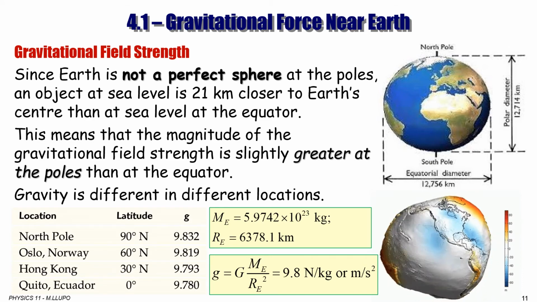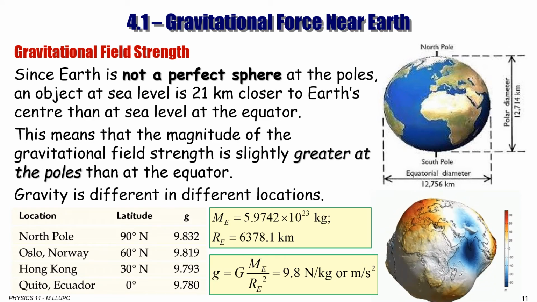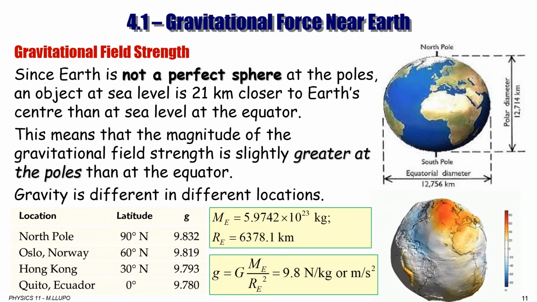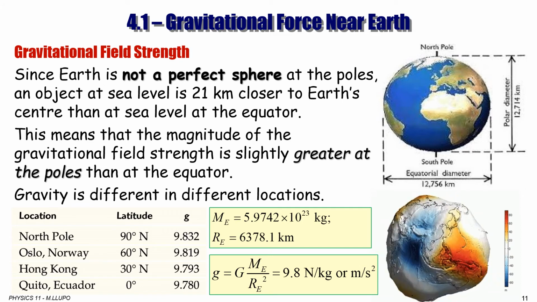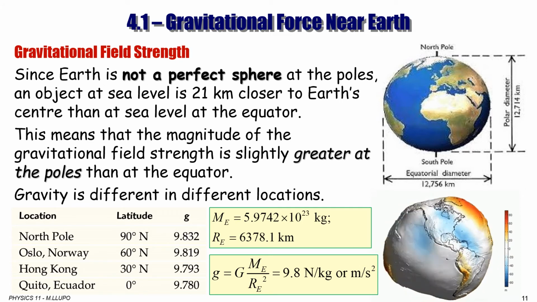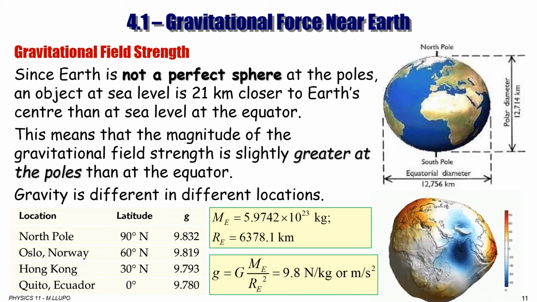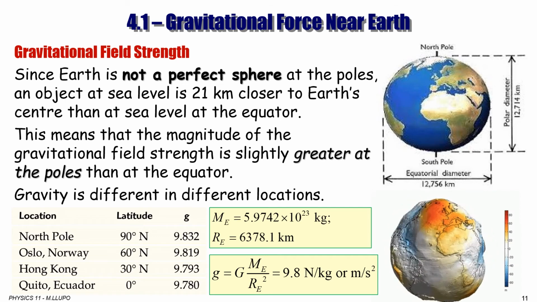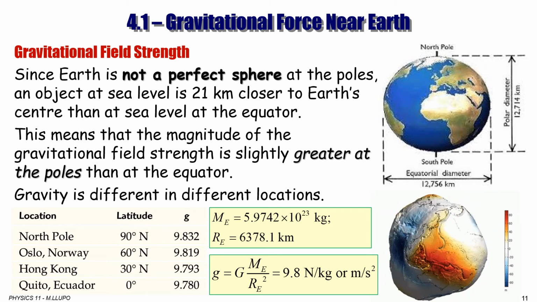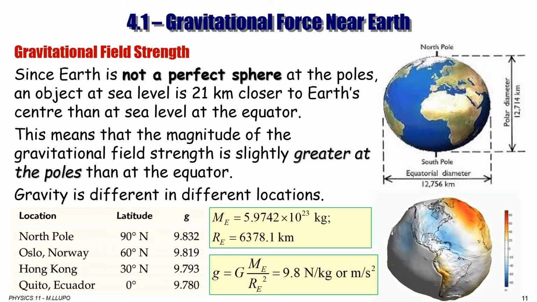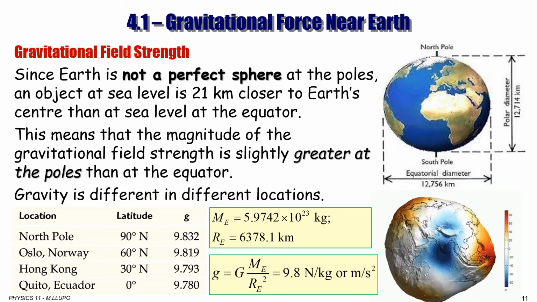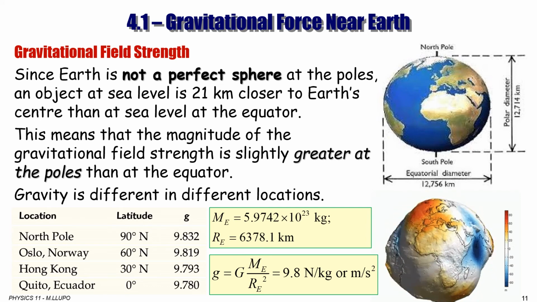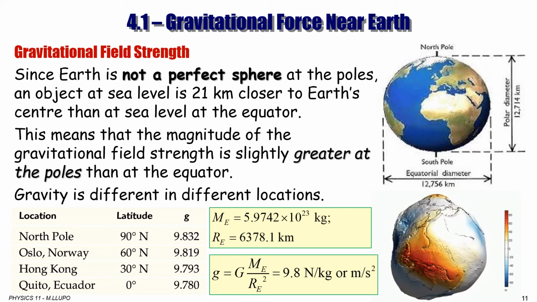How this is calculated, you're going to do in grade 12, but for now, it's just to have an idea where this gravitational field strength comes from and why it's different. The mass of Earth is constant and the radius of the Earth does change, as I mentioned, but in North America the radius is approximately 6,378.1 kilometers.